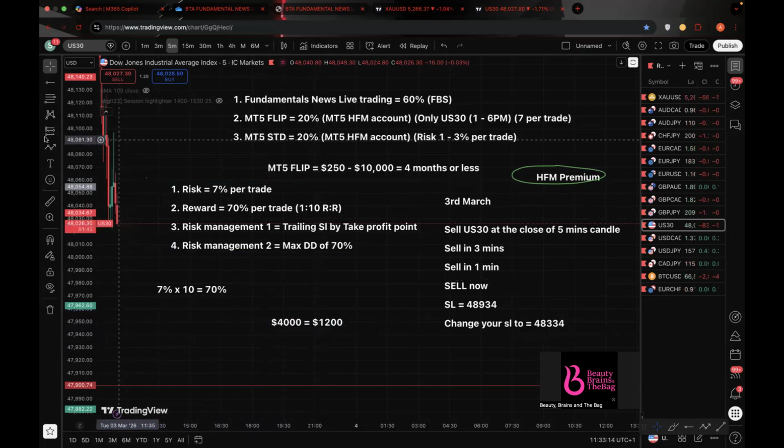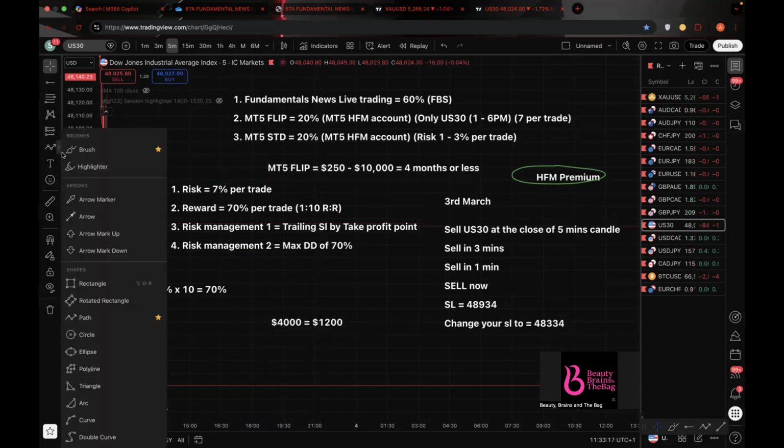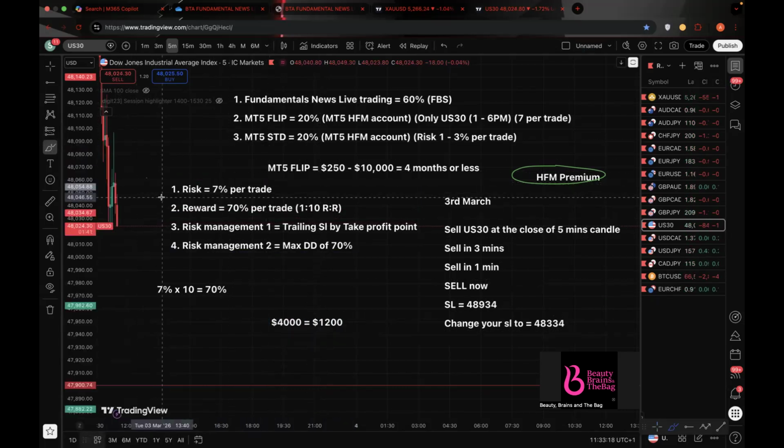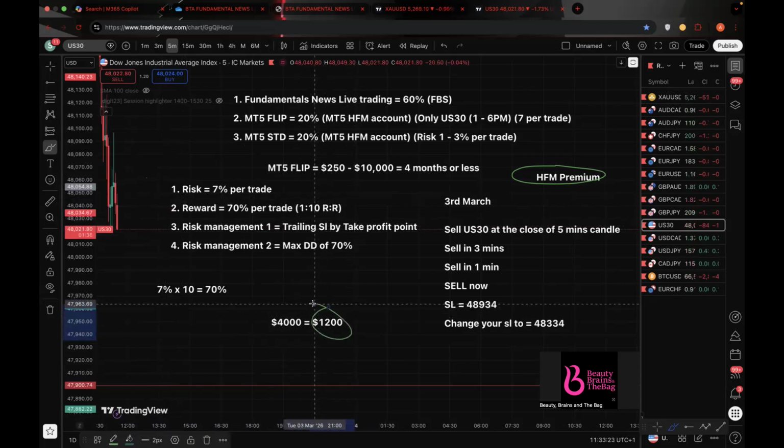So this system is designed to keep some profits in case we don't hit our targets. Instead of the other system, where the moment you have those losses, it's gone.